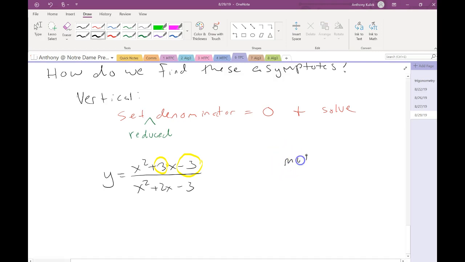Well, let's do the multiply side first. What are the two numbers that multiply to give me negative 3? Negative 1 and positive 3, or, okay. When I add those two numbers together, what do I get?